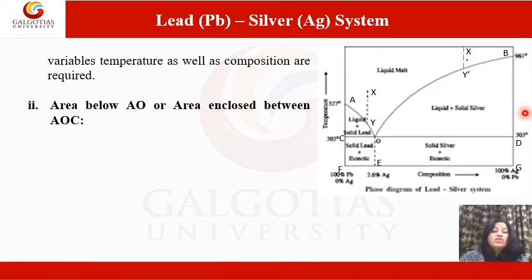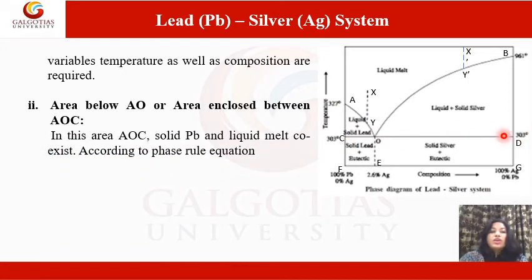Now, the second area below AO, or the area enclosed between AOC. In this area AOC, solid lead and liquid metals coexist. So according to the phase rule equation, F is equal to C minus P plus 1, where the value of C is 2, P is 2.